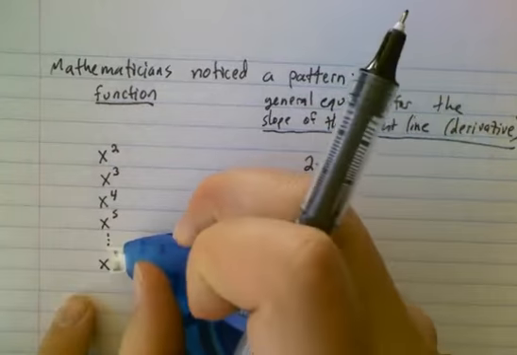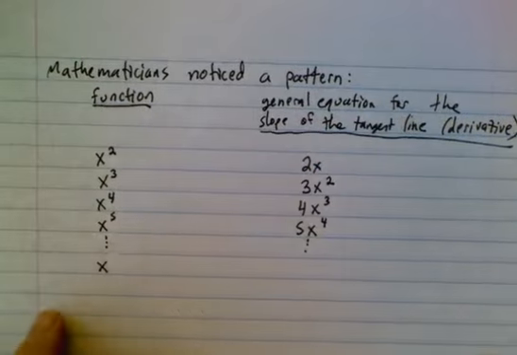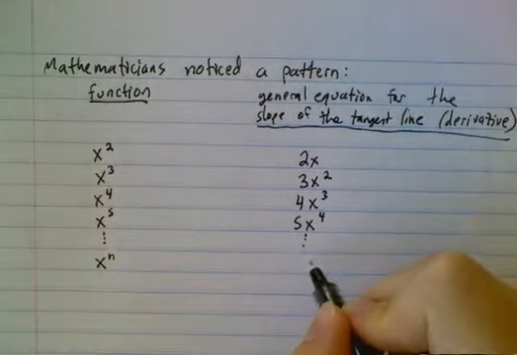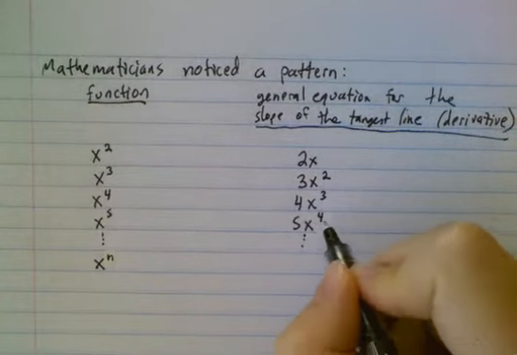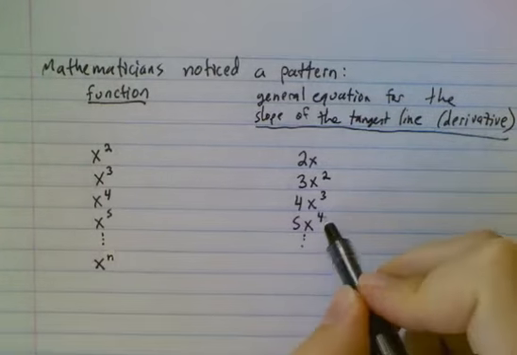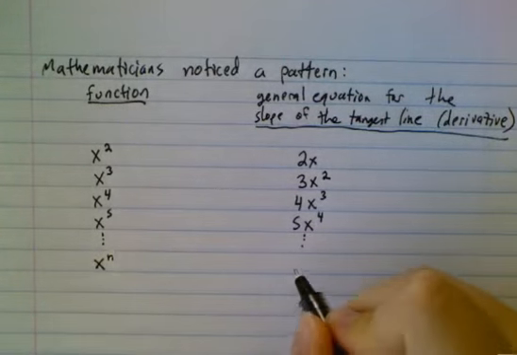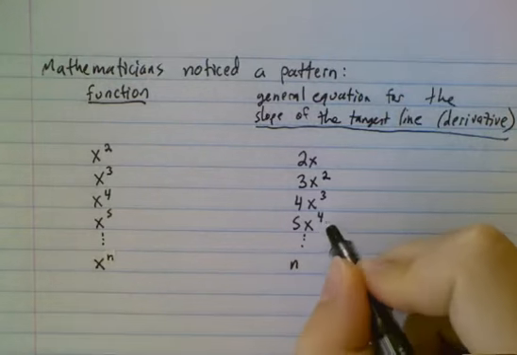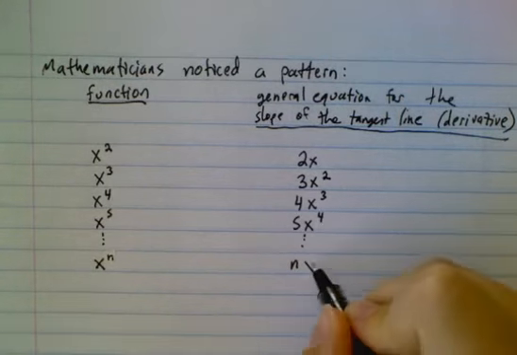If there was a function that was just x to the nth power, then all that seemed to be happening was that this exponent became a coefficient. It was brought down in front there, and that 1 was subtracted from the exponent.